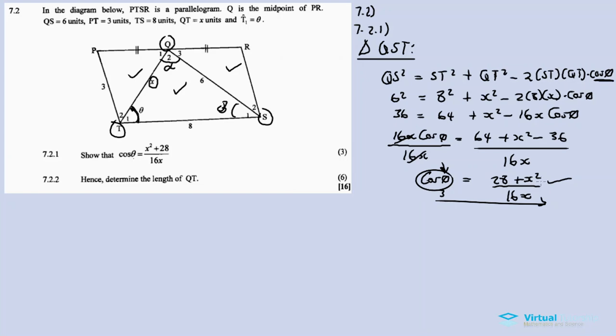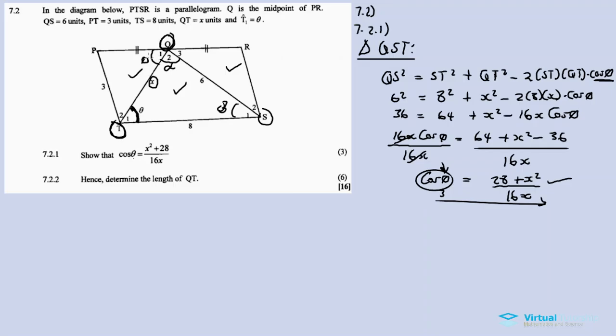Now look, I need another equation that must be able to link QT with this equation, 28 plus x squared divided by 16x, right? Since this is a parallelogram, PR and TS are parallel, so it means this angle is equal to that angle. So they are alternating angles.